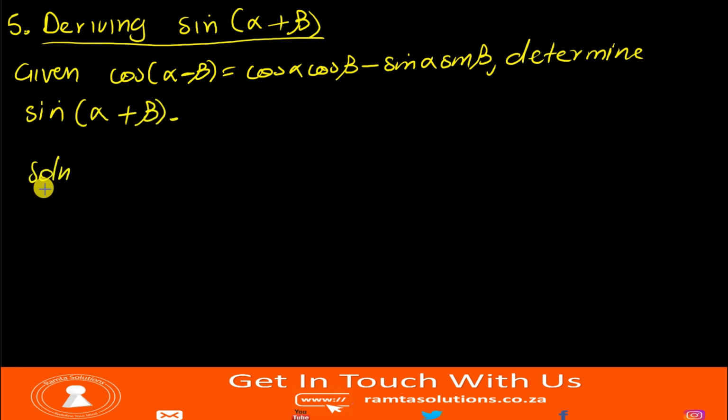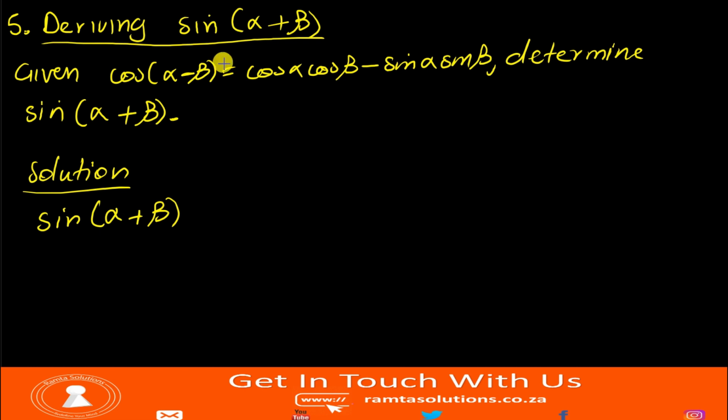Okay, now our solution will say we are looking for sine alpha plus beta. Now this one, because we have already derived alpha minus beta.